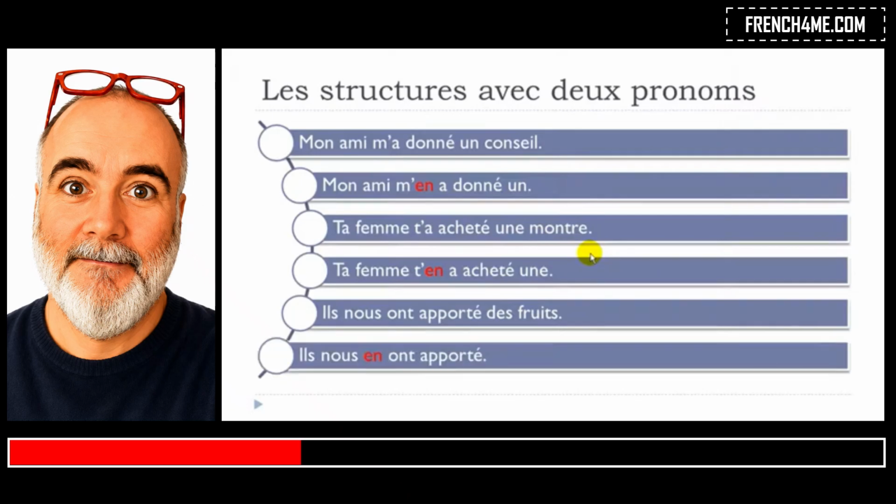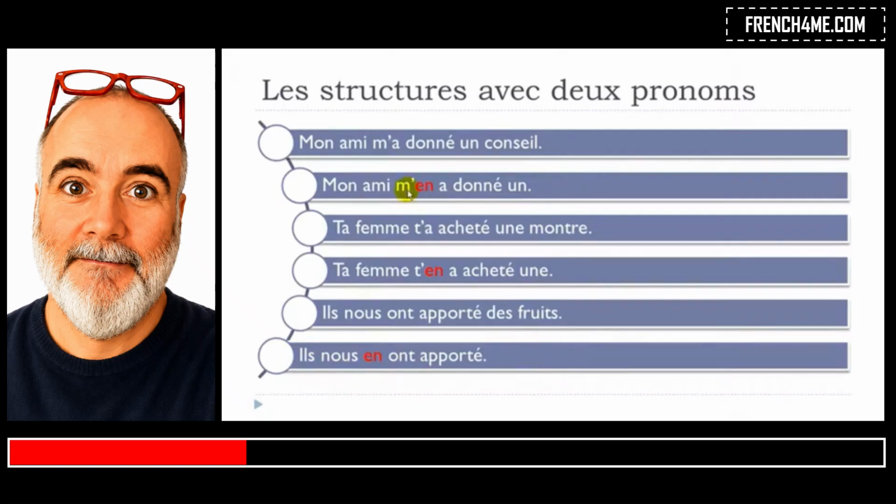Same thing. Ils nous en ont apporté. So nous first, then en, and after that, you put your verb. Same rule here. It's composed, so you've got two parts, but still it's only one verb. So let's read it. Ils nous ont, beautiful liaison here, ont apporté. The full thing goes like, ils nous en ont apporté.